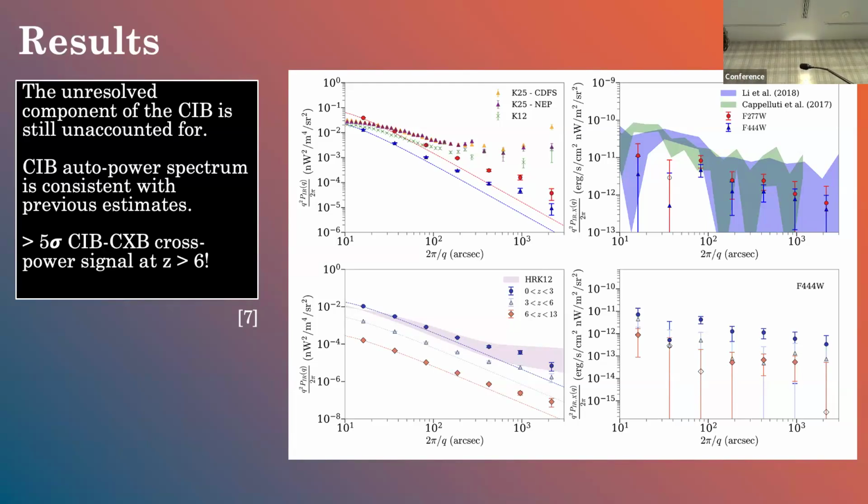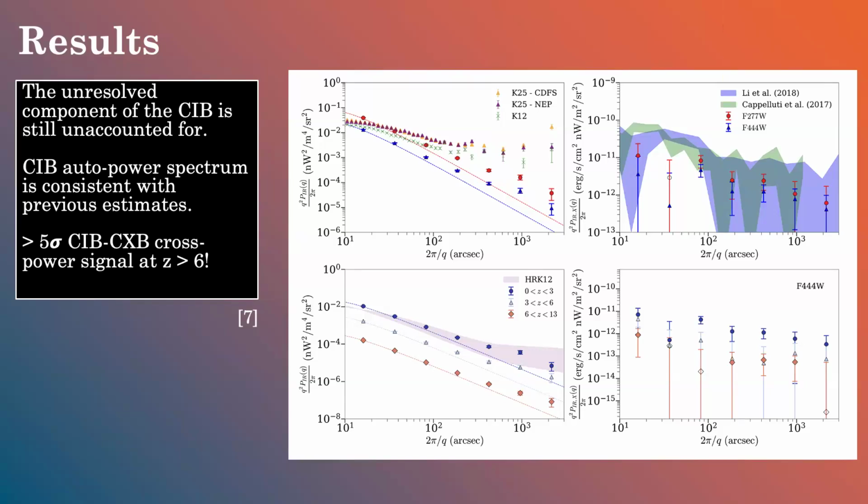But regardless, even though it doesn't match up to this unresolved excess component, you still have a shot noise component, which is your random white noise term, and you have a clustering term at each redshift interval.